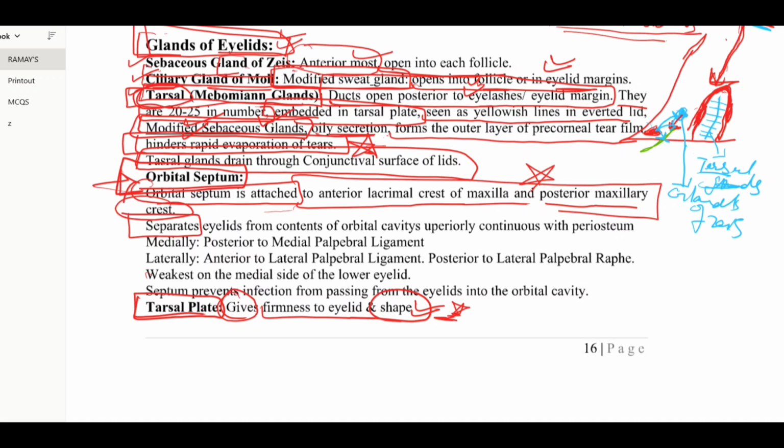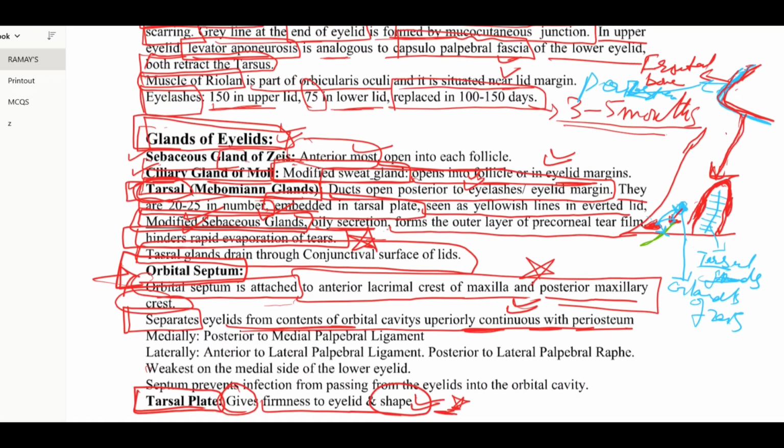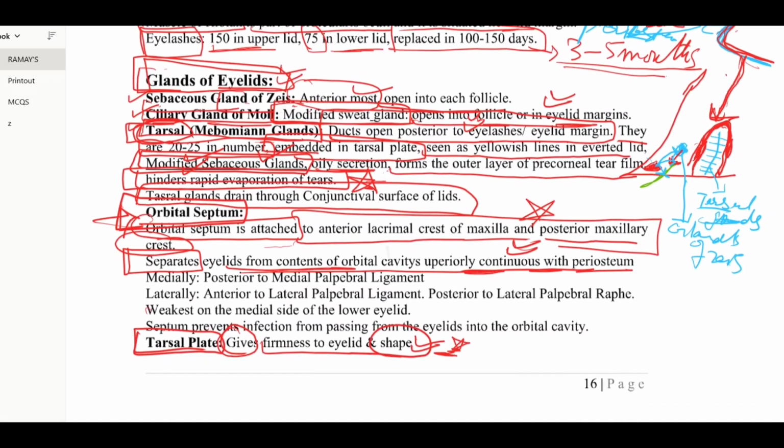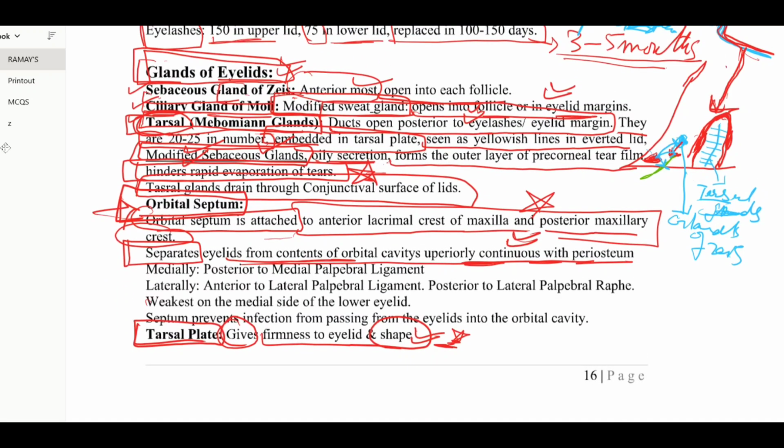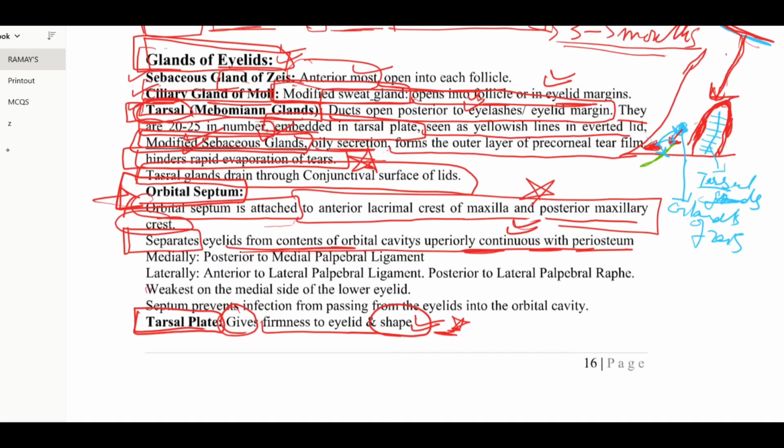First of all, it separates the eyelid from the contents of the orbital cavity, and superiorly it is continuous with the periosteum. I have shown you the periosteum, and this is the orbital septum continuous with it.